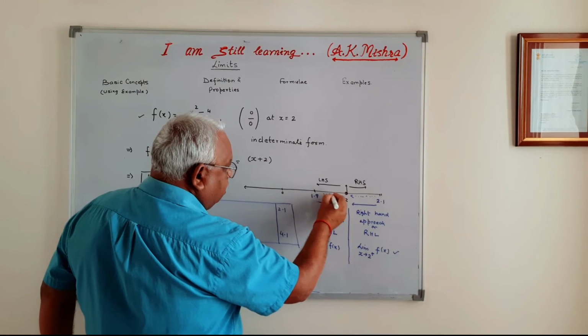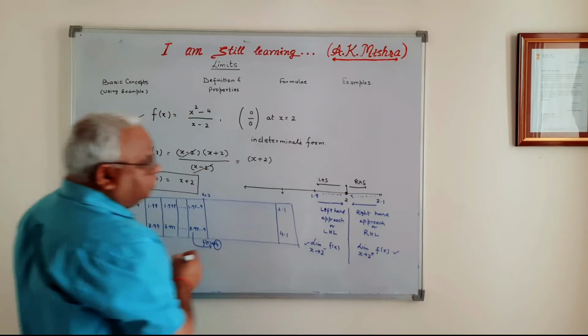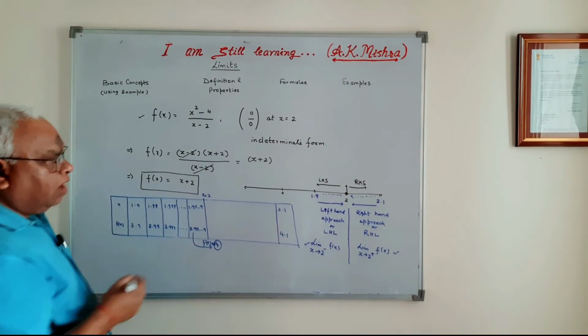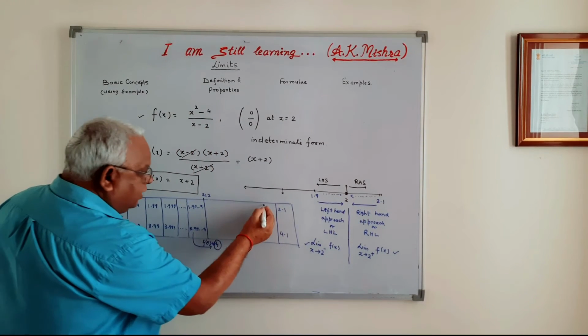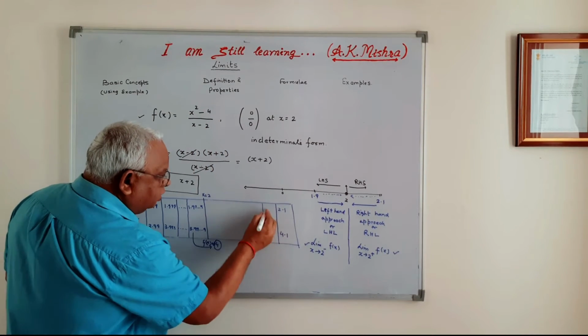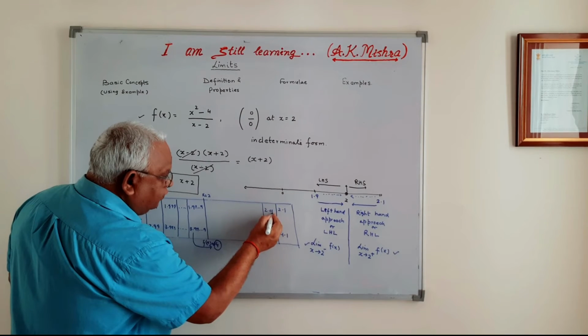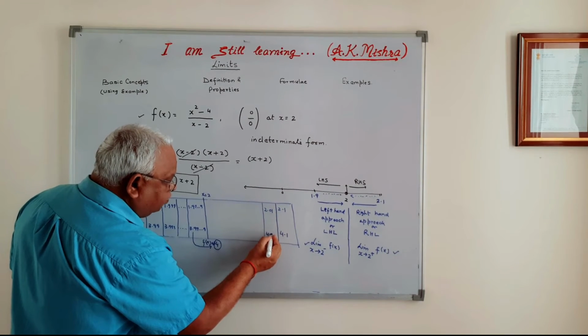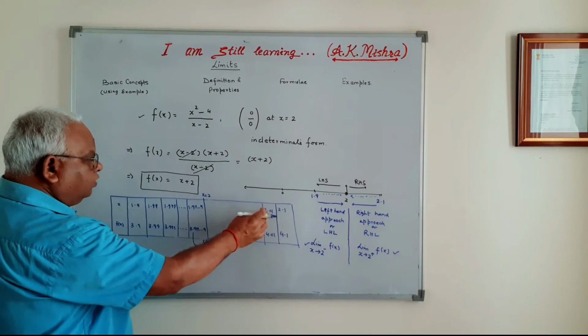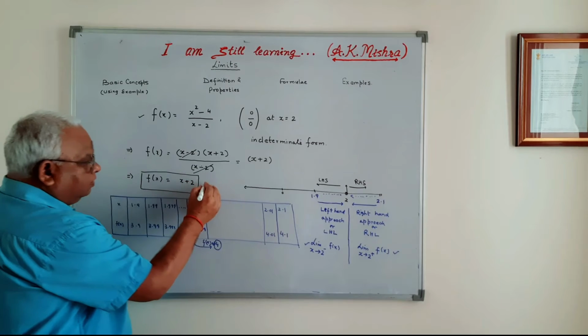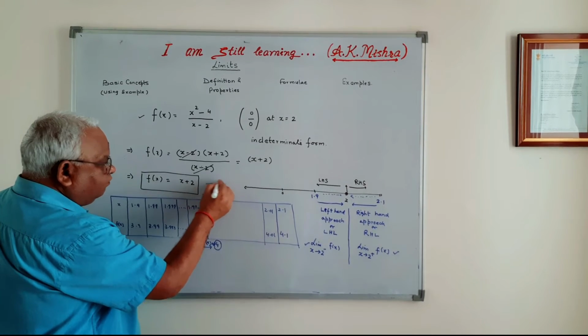Earlier we moved from the left, now we are moving from 2.1 towards 2. Next point will be 2.01, so it will become 4.01. We are just putting this value of x here.